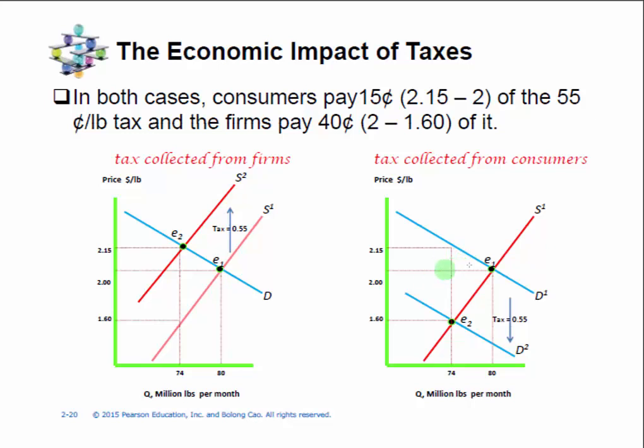But still, compared to the previous equilibrium E1, the consumer is paying 15 cents of the 55 cents tax, and the sellers are paying 40 cents of the 55 cents tax. And again, the conclusion is that it doesn't matter which party is paying, right? Both parties will share some of the tax burden, and the proportion depends on the slope. Okay.